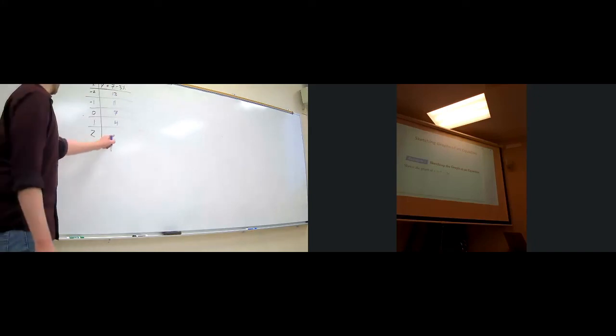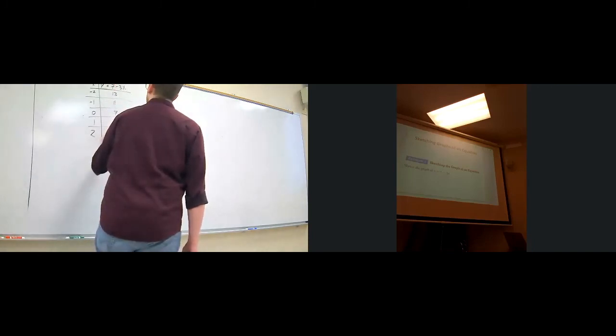And then 2 is going to be 1. Yeah, I did -1 wrong. That's supposed to be 10. That's why it was bothering me. I promise I can do math.